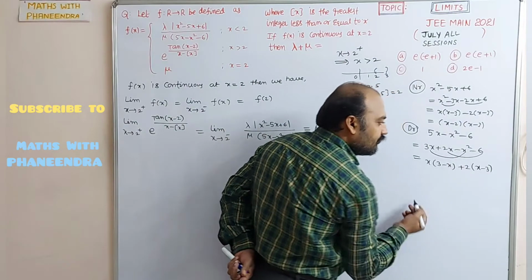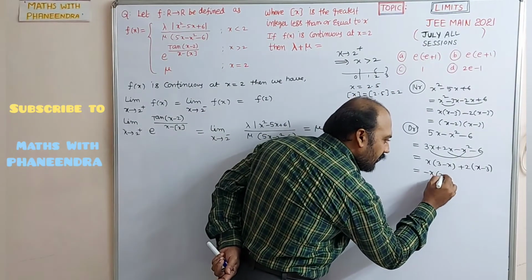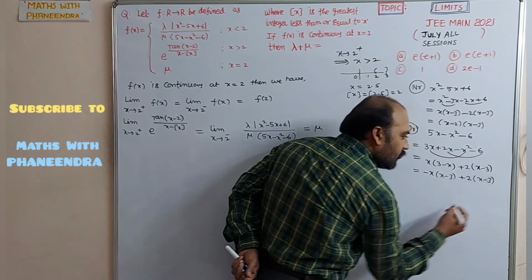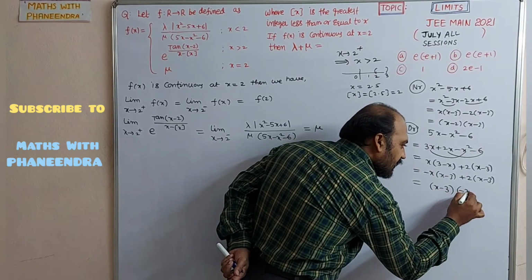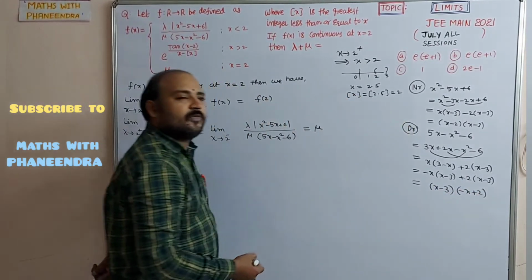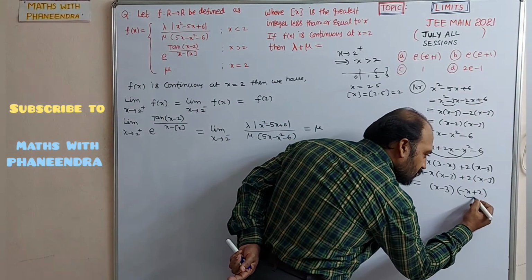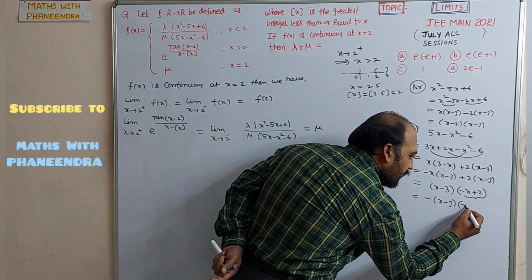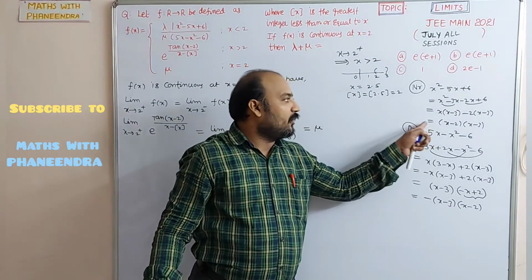Minus x if we take common here, x minus 3 will come here, plus 2 into x minus 3. So x minus 3 take common, x minus 3 into minus x plus 2. Minus, from this you can take common, minus of x minus 3 into x minus 2. So denominator we can write like this, numerator we can write like this.